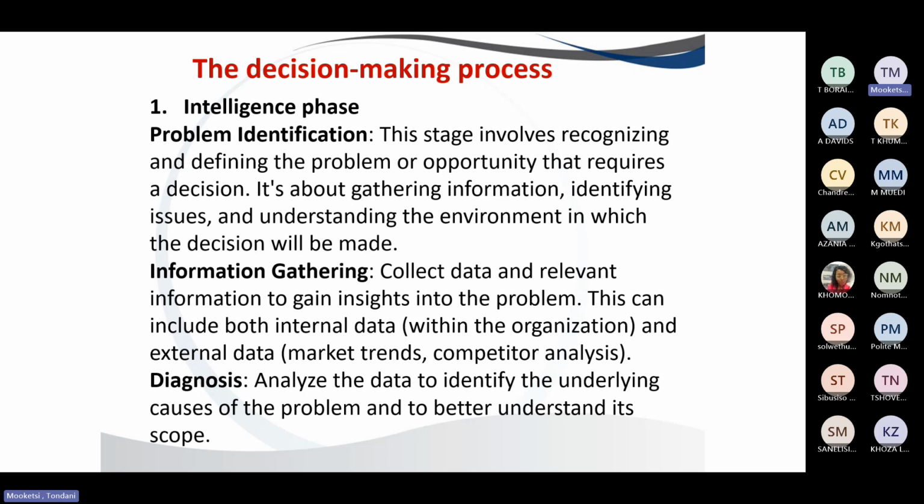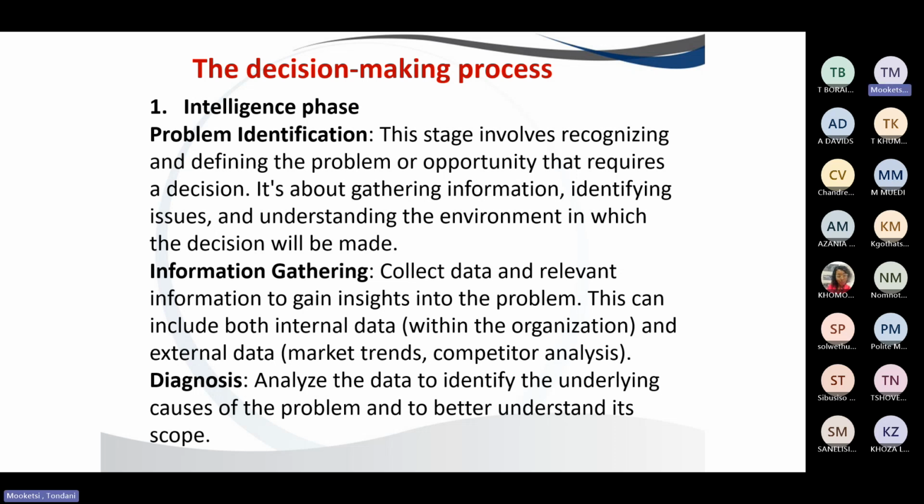So it's information gathering. You have to collect data, and relevant information to gain insights into the problem. So this can include both internal data within the organization and the external data, market trends, competitor analysis, which we learned the other day that companies get this mostly from social media.